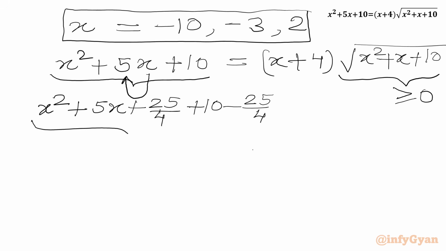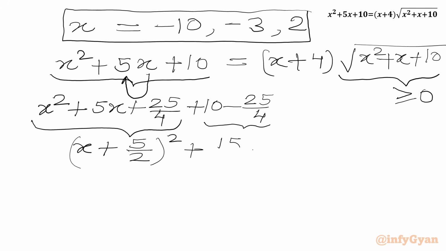Now from these three terms, we can write one perfect square of x plus 5 over 2. And if we simplify these two terms, it is going to be 15 over 4. 40 minus 25 is 15. Denominator is 4. Now LHS is one perfect square plus some number.